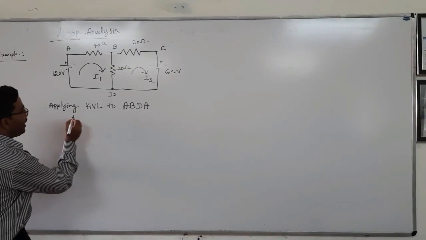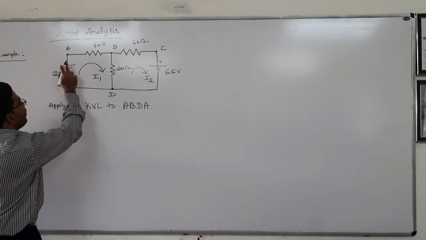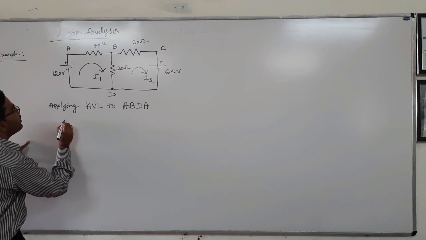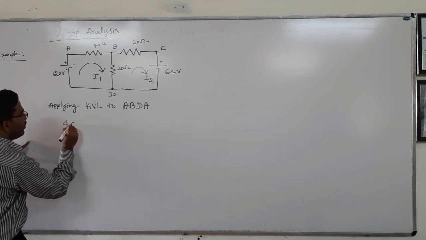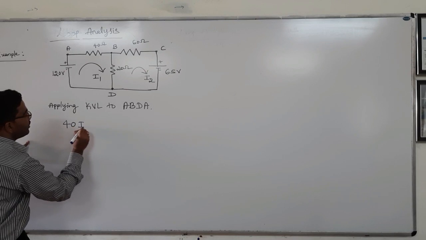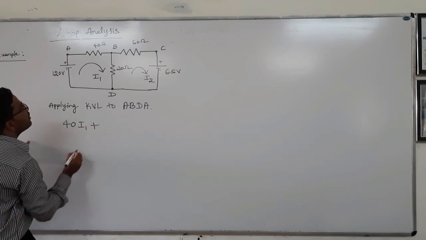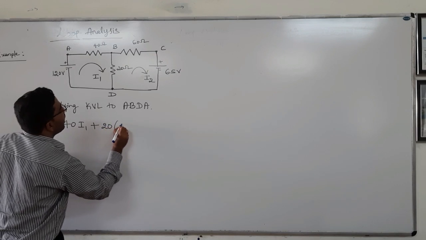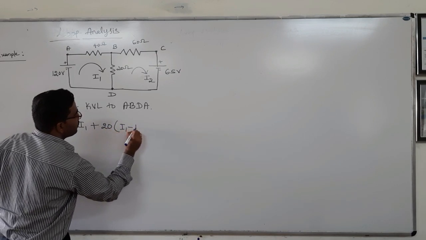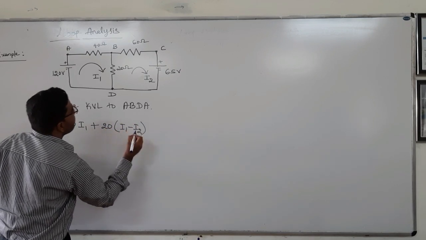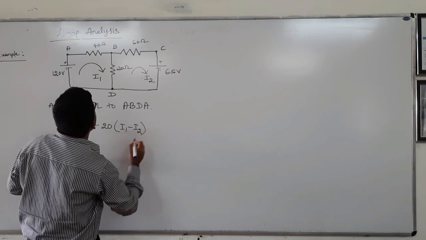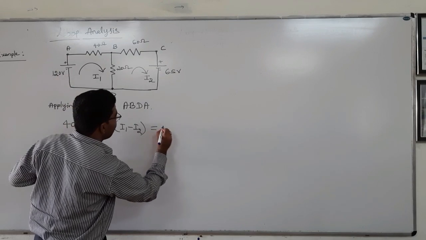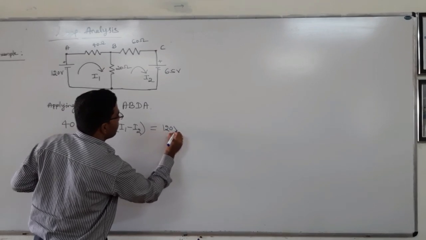So first I will apply KVL to the ABDA loop, that is 40 I1 plus 20 (I1 minus I2). Then it is equal to the voltage, that is 120 volt.